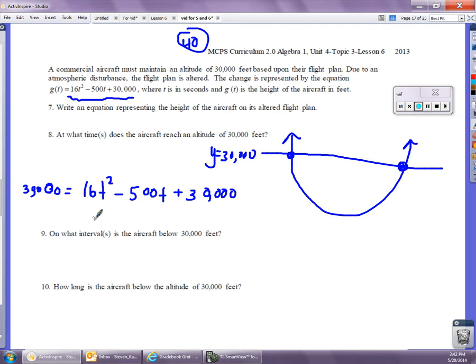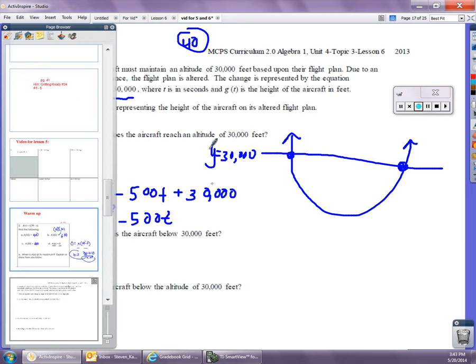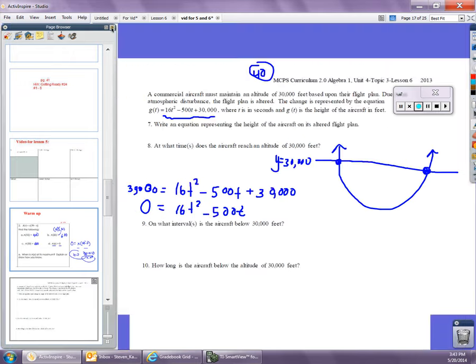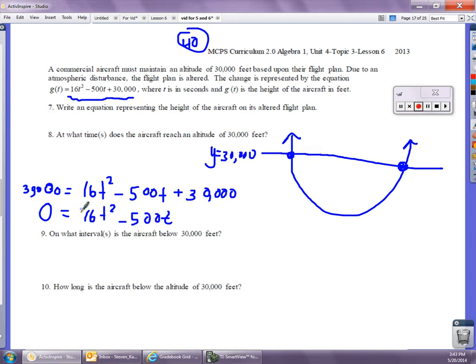So I'm going to subtract 30,000 from both sides. And the c totally cancels out. Now, in order to solve for t, there's two different things that we can do. We could use the quadratic formula, where a is 16, b is negative 500, and c is 0. Or I can try to factor.